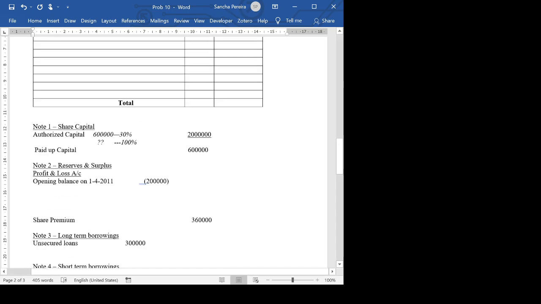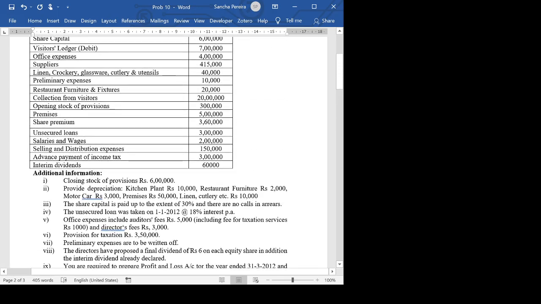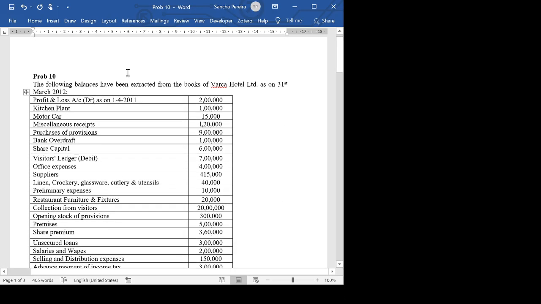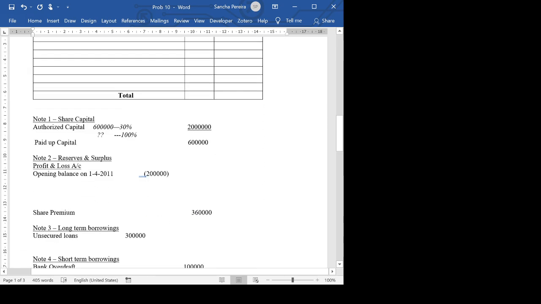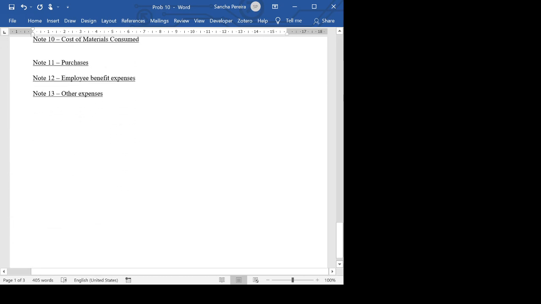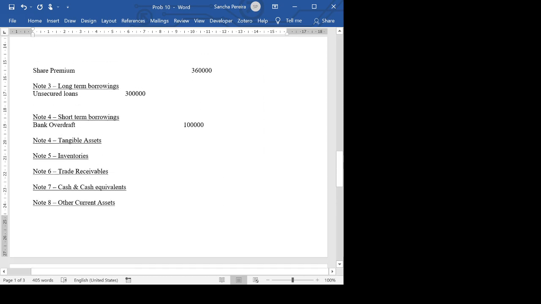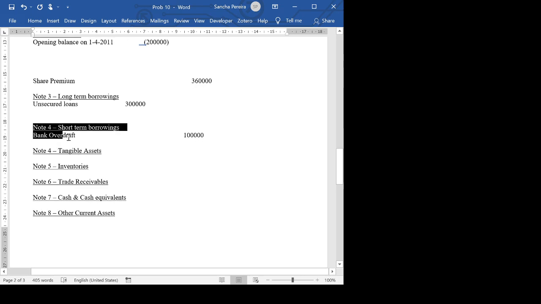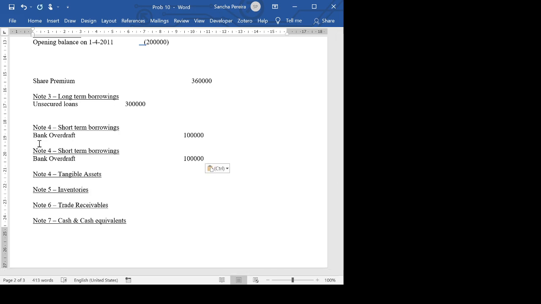Then we have trade payables. I think we should have creditors. Yes, we have suppliers here, 4,15,000. That will be note 5, trade payables, suppliers 4,15,000.